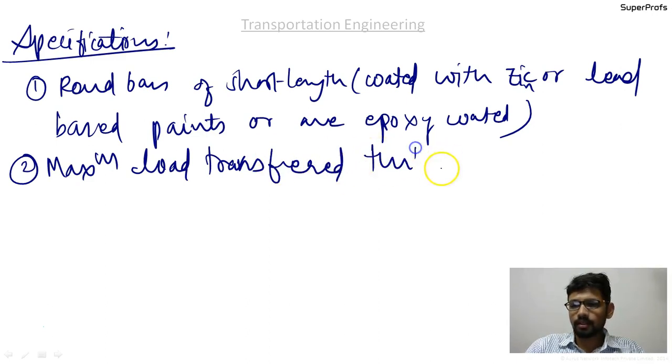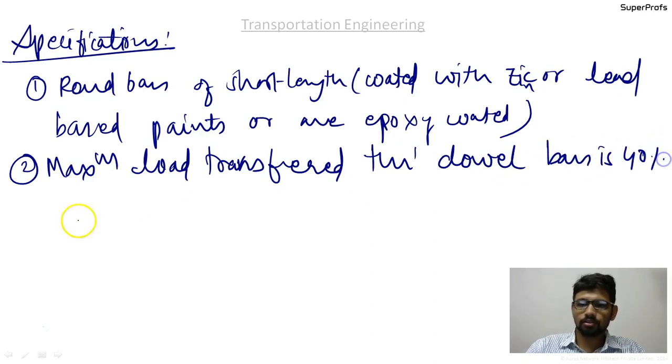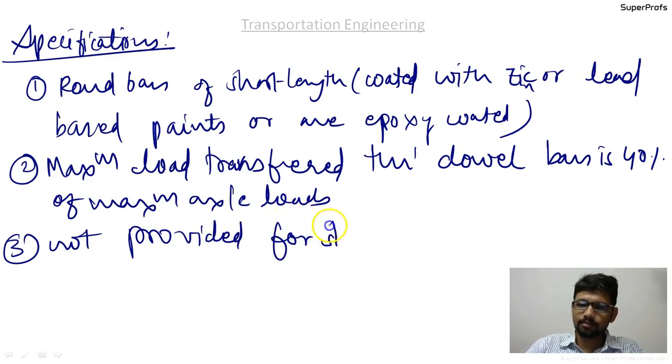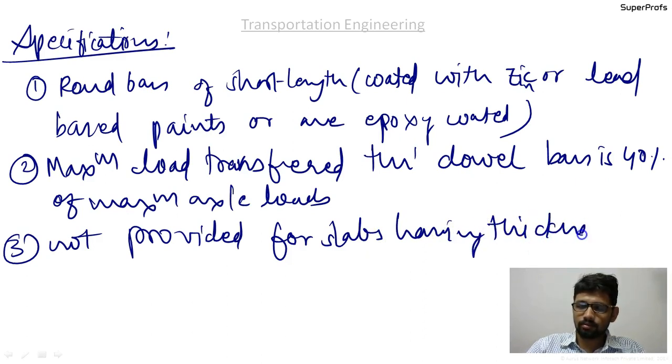These are not provided for slabs having thickness less than 150 mm. Okay, and bearing stress in concrete is responsible for the performance of joints or for dowel bars.